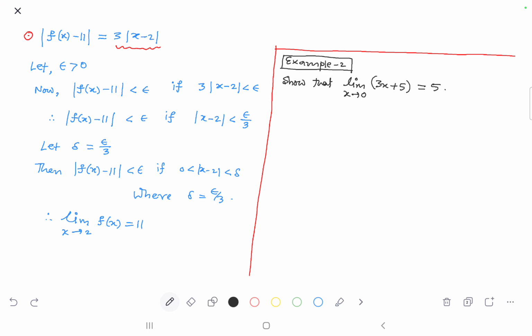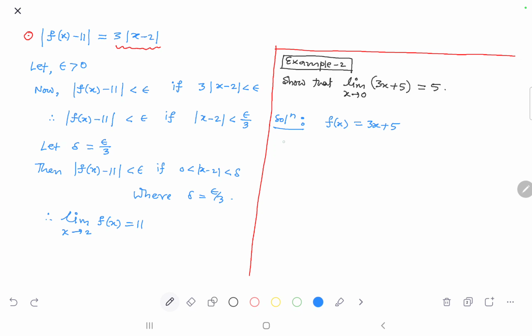This one we prove. Here is the solution. We consider f(x) equal to 3x plus 5.